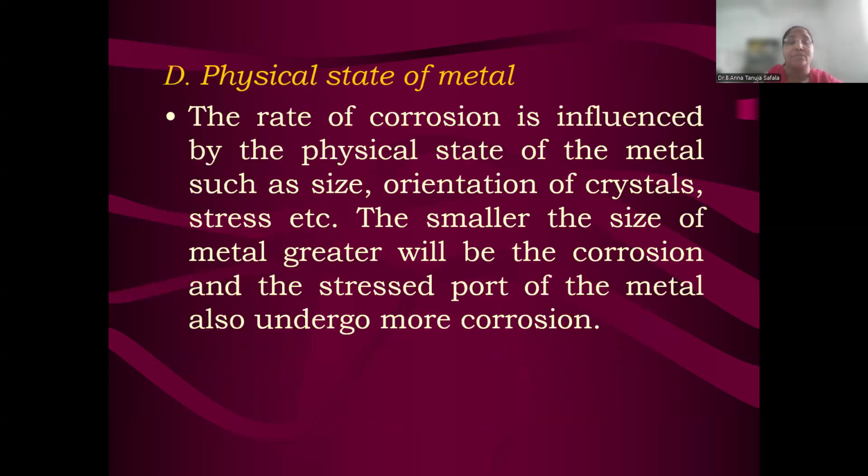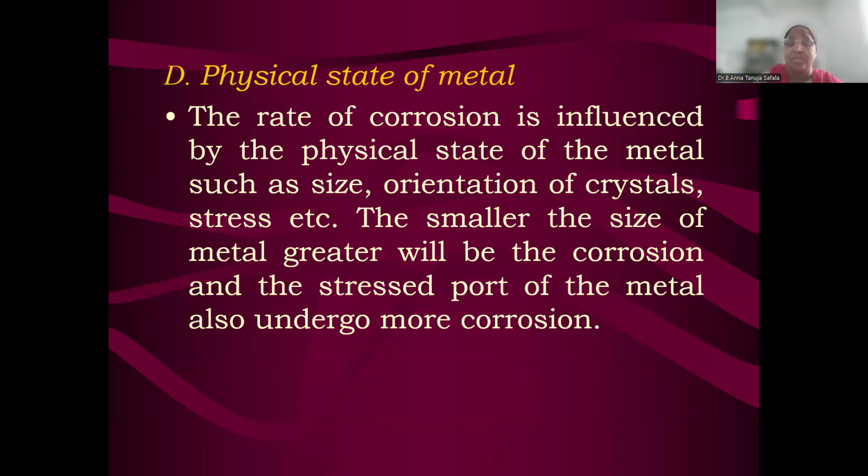Then if we come to the other factor, the physical state of the metal. Whether the metal grain size is small or large, whether the metal has stressed areas or less stressed areas.